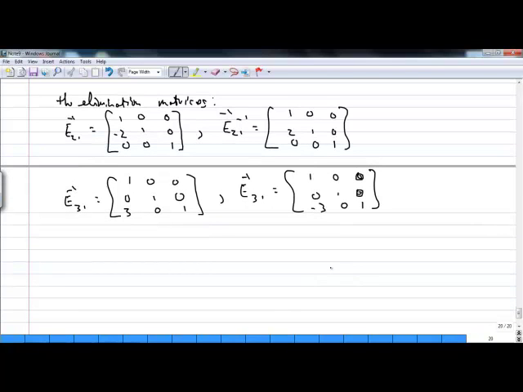And finally, we have E32, which looked like this. And E32 inverse looks like this.